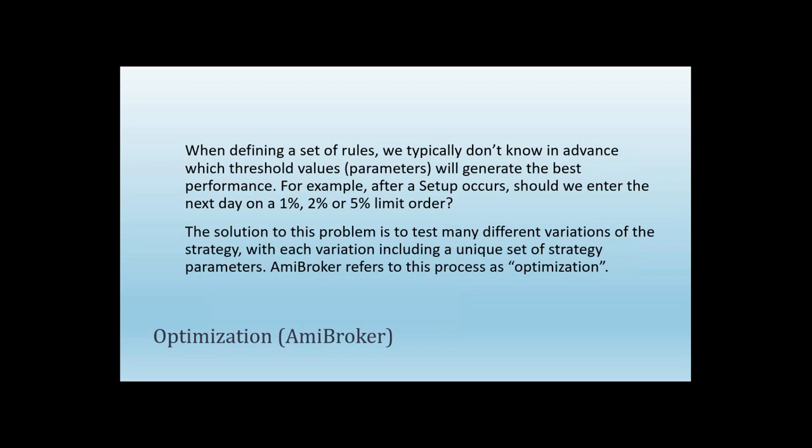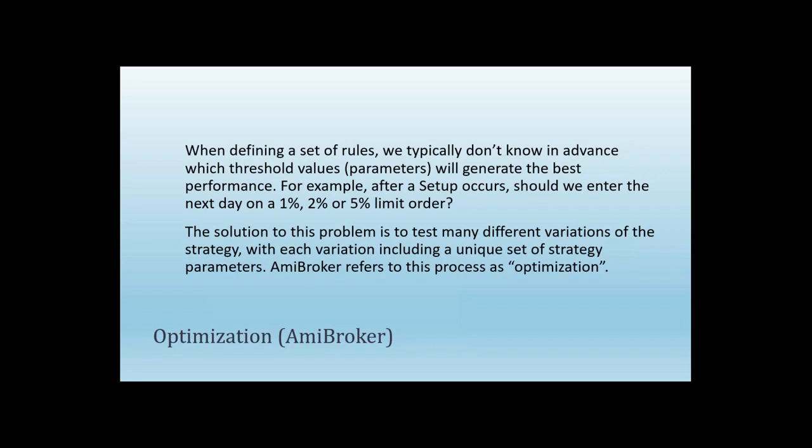But typically what we want to do is test lots of different values for our parameters to see which ones perform the best. And the example here is, if we have a system that looks for some set of setup conditions and then enters the next day on a limit order, we might want to test different limit percentages. So maybe we want to test 1% below today's close, or 2%, or 5%. And similar challenges would occur with all of our other strategy parameters.